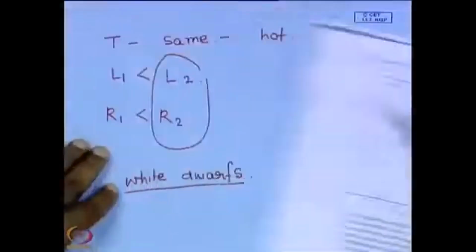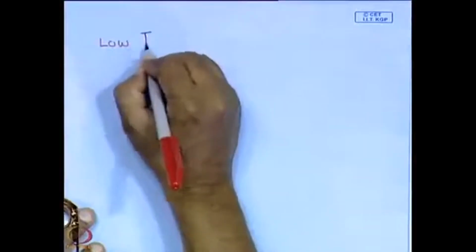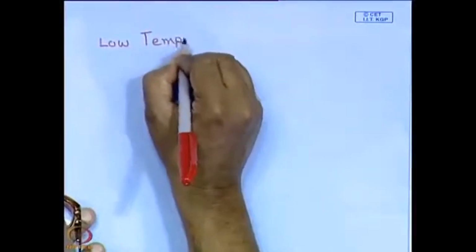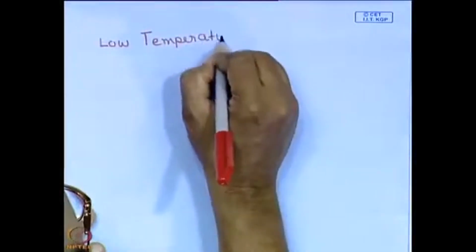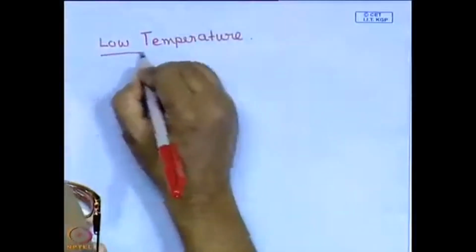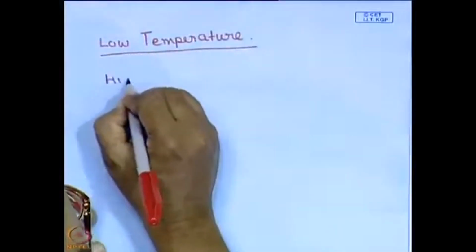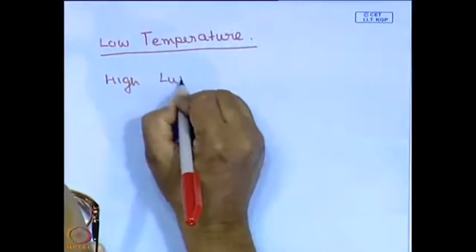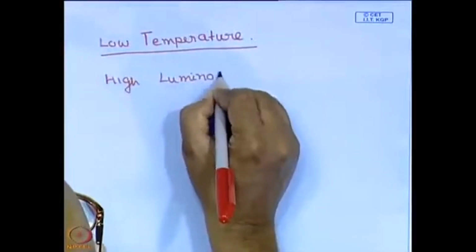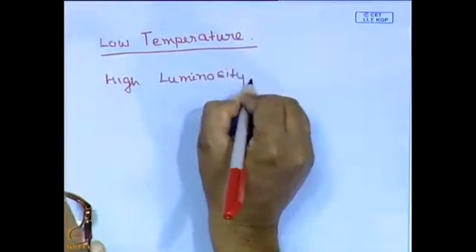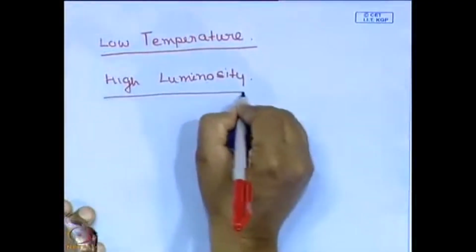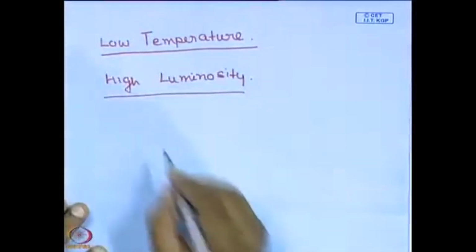These stars, so you have a kind of star which is cold, right? So these are cool. So you have stars which are at relatively low temperature, but high luminosity. These stars are what are called giants and supergiants.